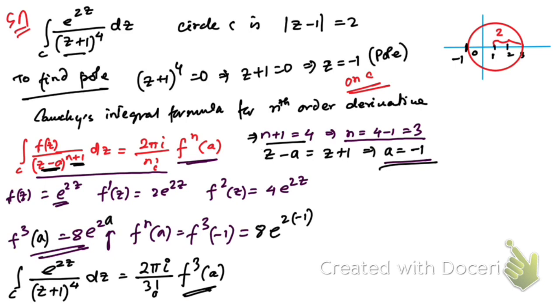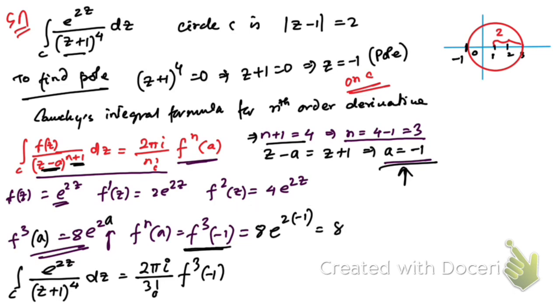So here the third order derivative of f at z is equal to a, and here a is nothing but minus 1. This is the value of a, and this is the third order derivative of f at a equal to minus 1, right?